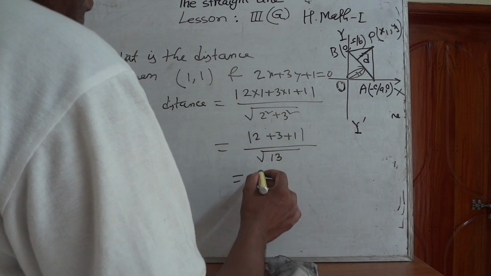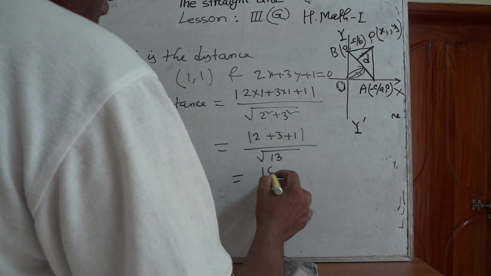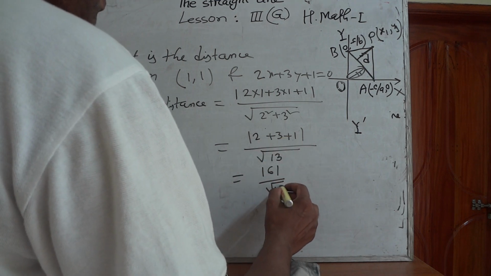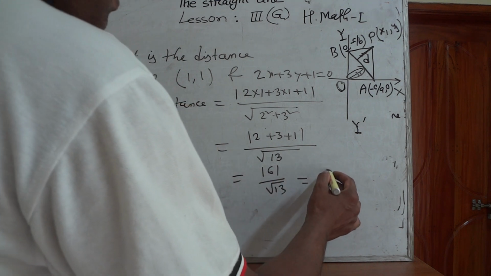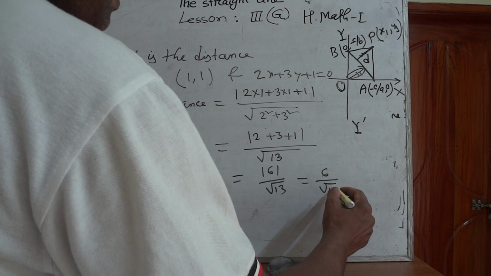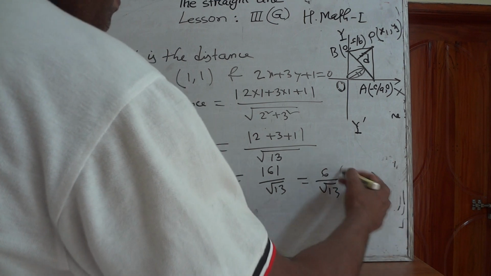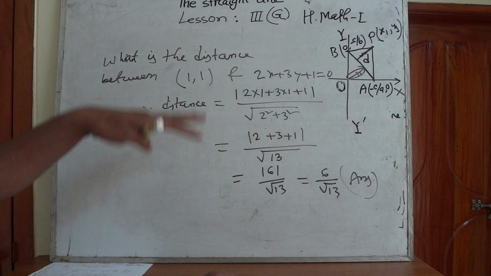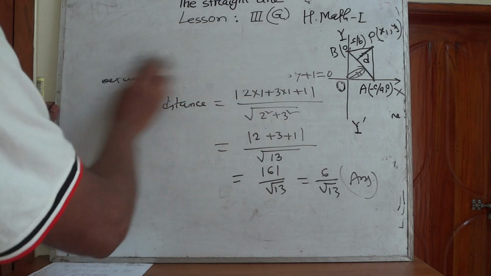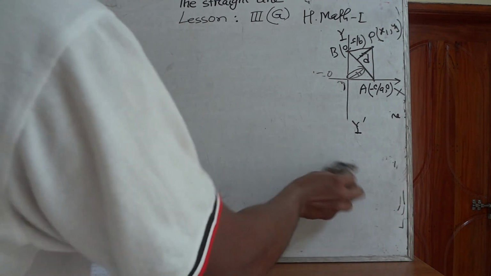This equals the absolute value of 6 by square root over 13. As the distance is always positive, the absolute value of 6 means 6 by square root over 13. That is the answer. Similarly, we can solve problems related to this formula. Now I solve another problem.